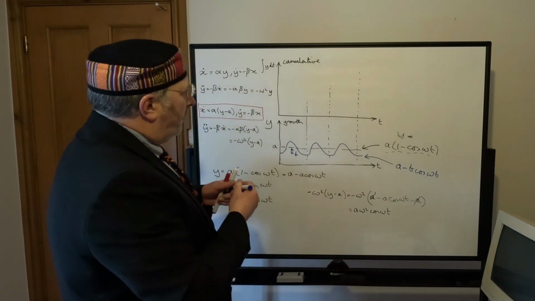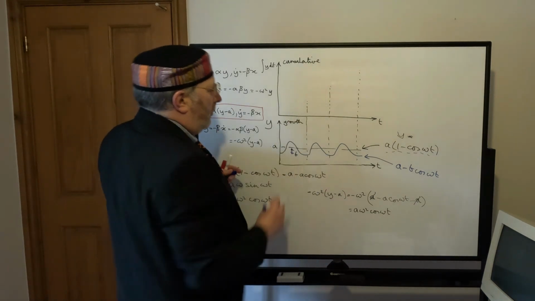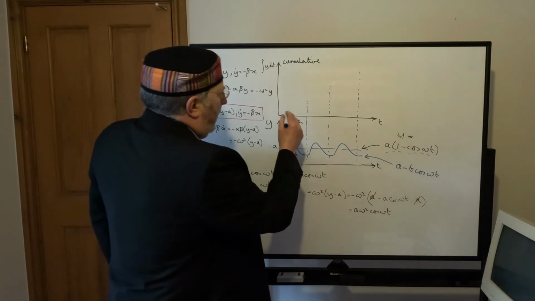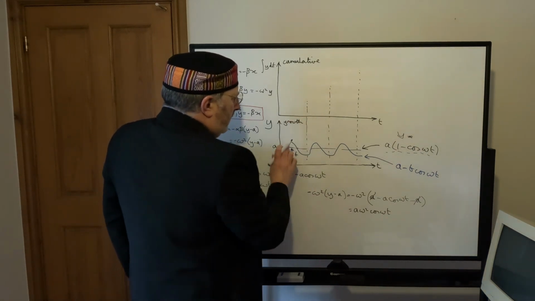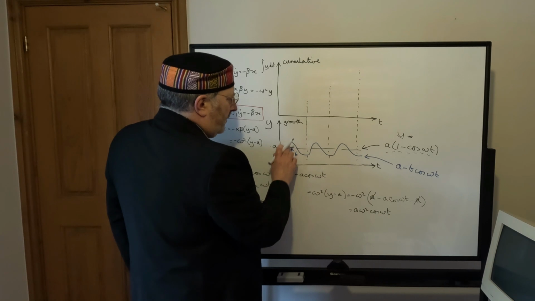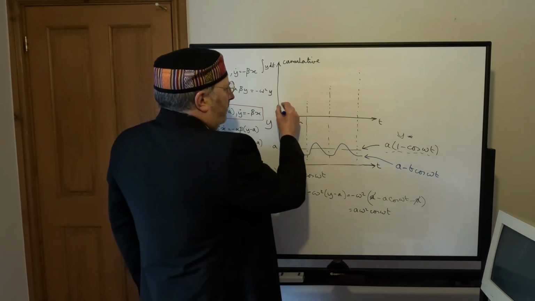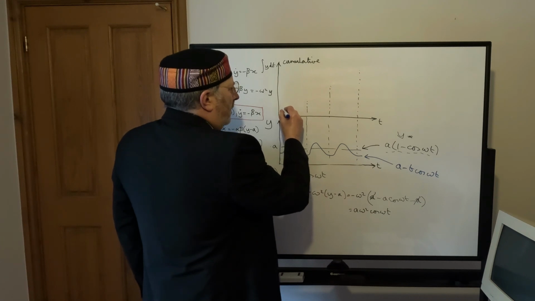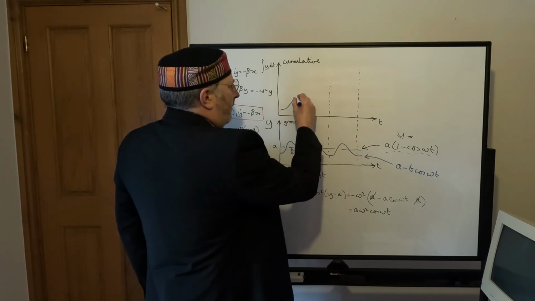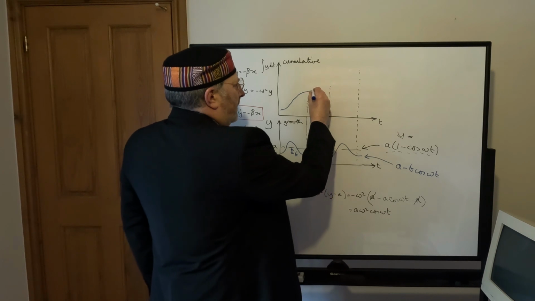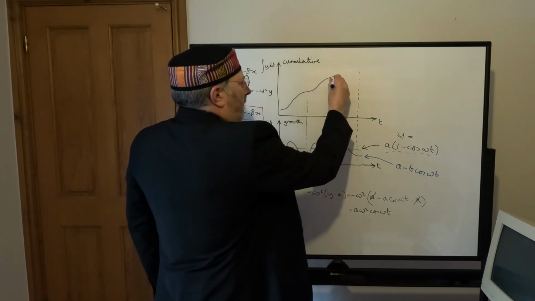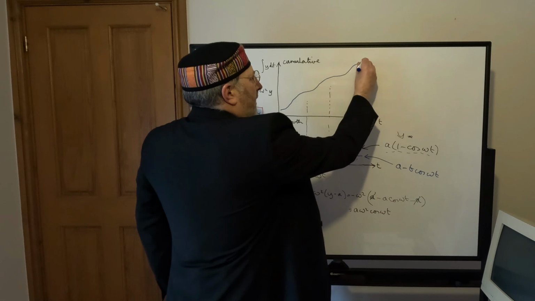In that case, how would our growth look? Well, it would still peak here, and it would be smaller here, and it would peak here. So it would be a low growth rate, and then a higher growth rate, and then a lower growth rate, and a higher growth rate, alternating.